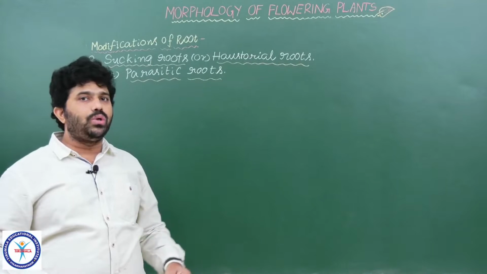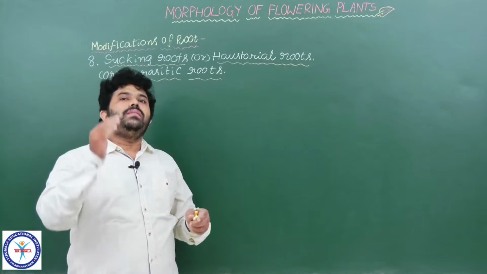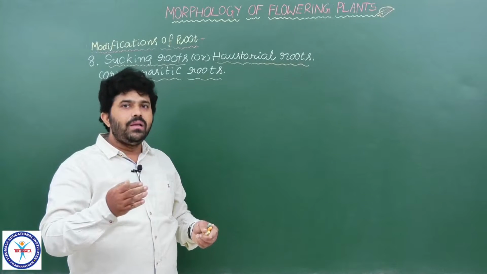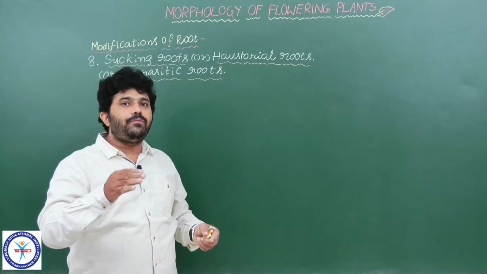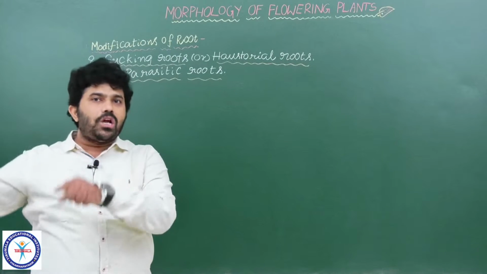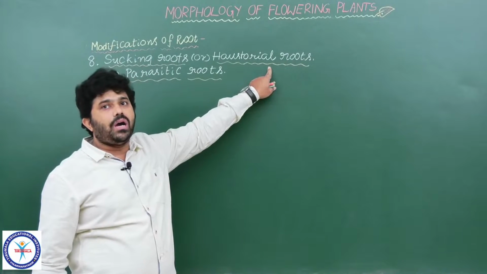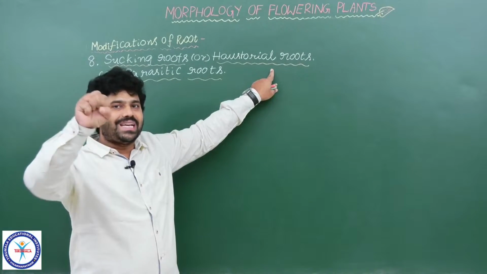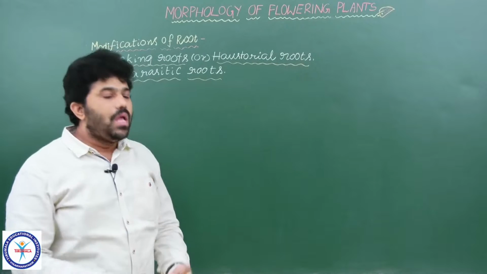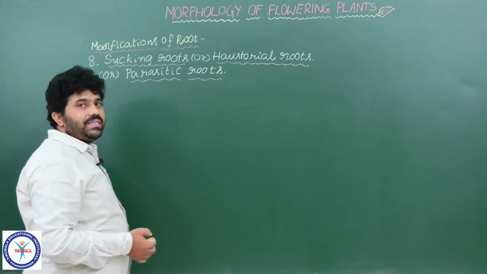That's why they depend on other plants for the water and food required to lead their life, penetrating needle-like roots called haustorial roots through which they suck nutrients like water and minerals. That type of plant is called a complete parasitic plant.